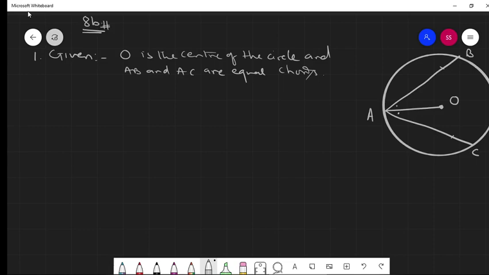We need to prove angle OAB equal angle OAC. We need to prove these two triangles are equal. These triangles are equal.